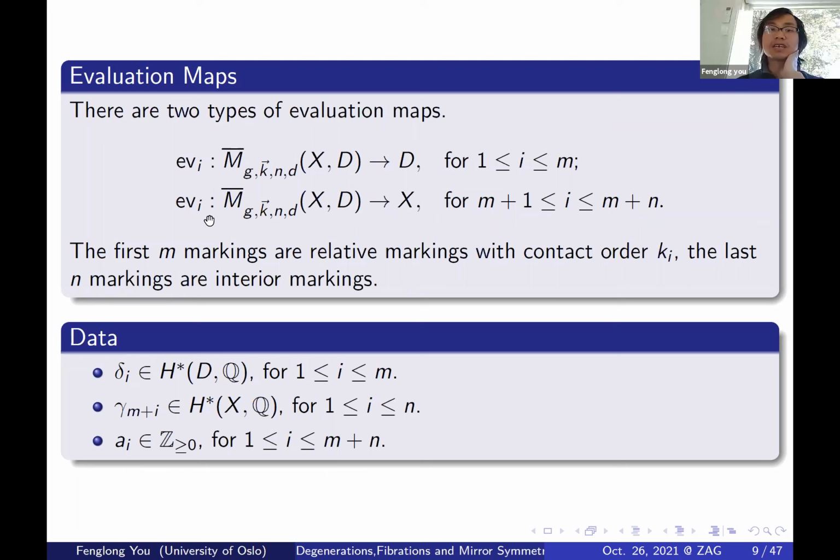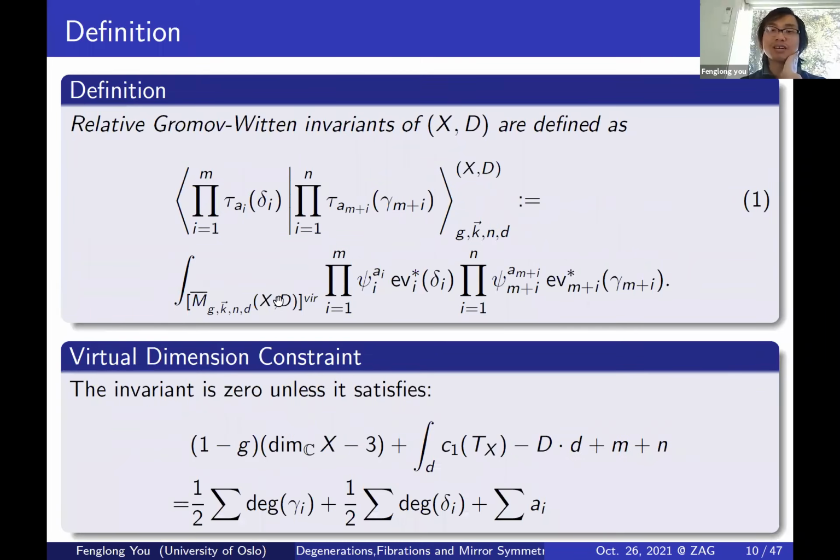And again, we can have evaluation maps. We have two types of evaluation maps in here. If we have relative markings, then we have an evaluation map to D. And if we just have interior markings, then it maps to X. Then we pull back some cohomology classes, and then intersect with the virtual fundamental class, and we get an invariant.